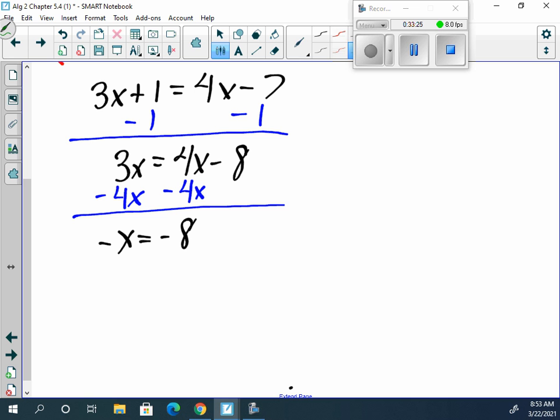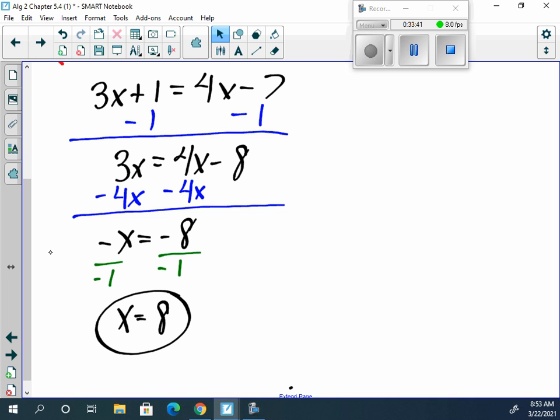So we can do what to both sides? We can divide by negative 1, or we can multiply by negative 1. Either one will give us the same result, that x is equal to 8. Any questions on any of this here?